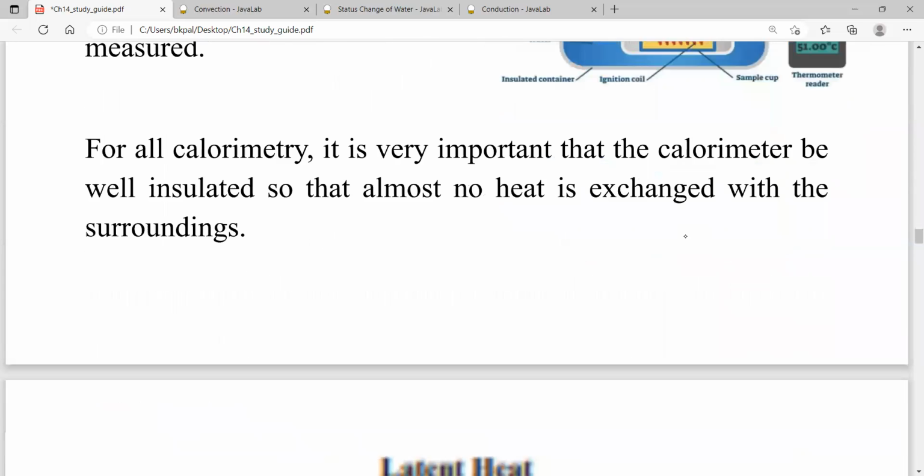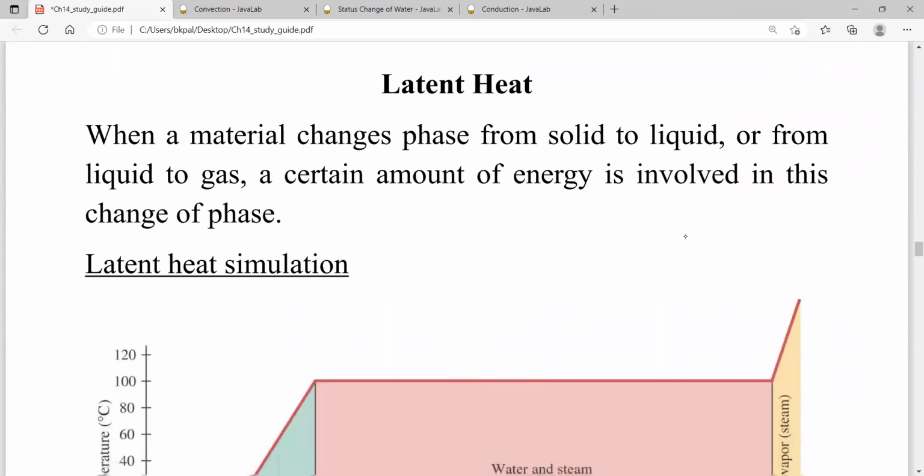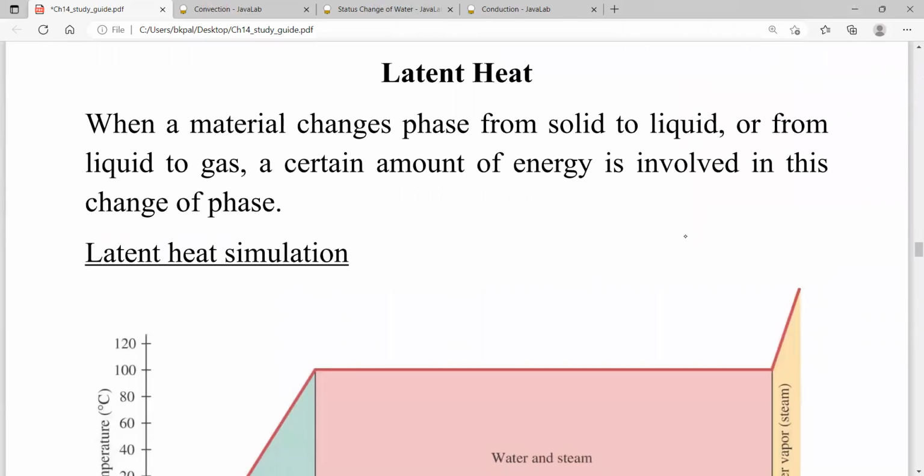The next thing we are going to learn is latent heat. When you learned about specific heat, let me remind you of the equation. Q, the heat required to change the temperature of some object, is equal to mcΔT, where m is the mass, c is the specific heat capacity, and ΔT is the change in temperature.